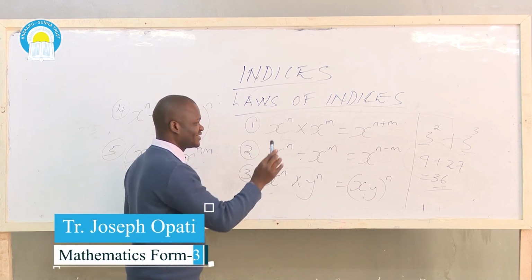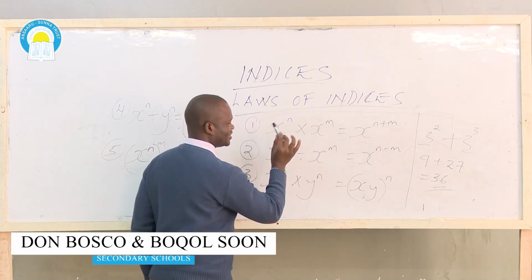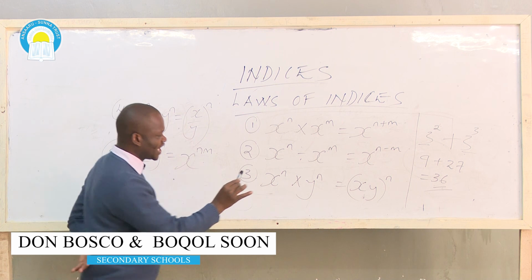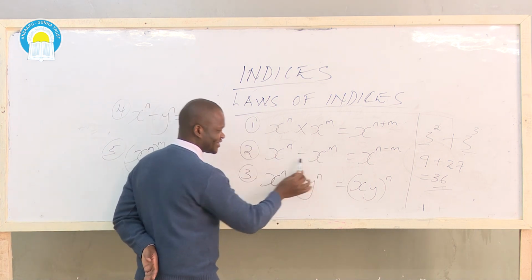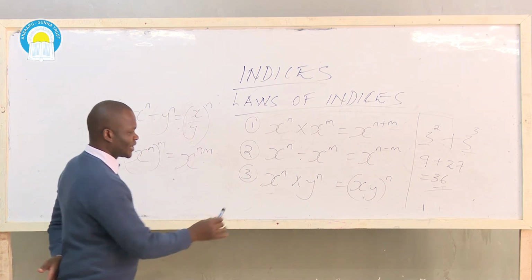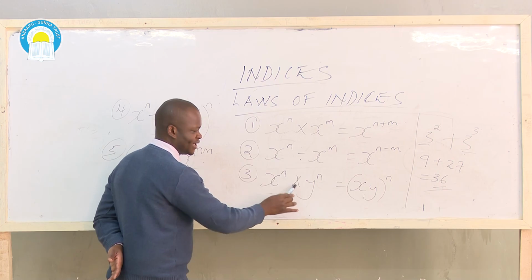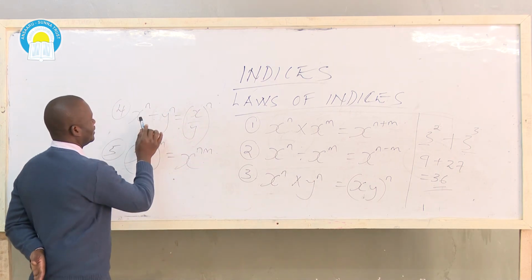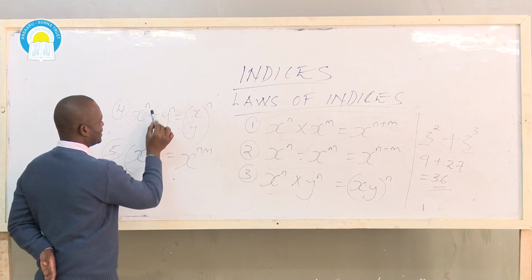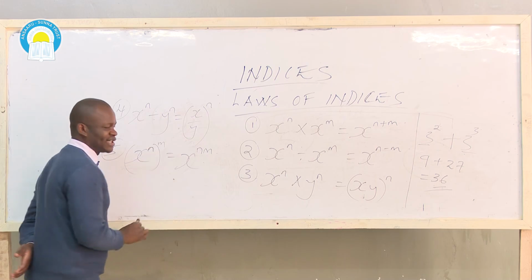So here the condition is we are multiplying. The bases are the same. Here we are dividing. The bases are the same. What about here? We are multiplying. The powers are the same. Then here we are dividing. The powers are the same.